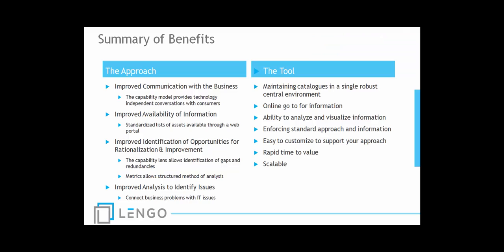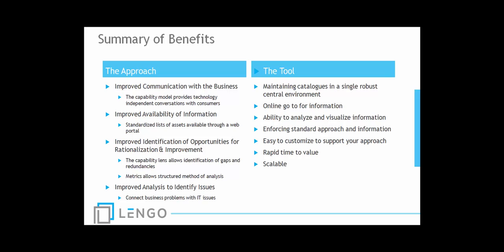So you've seen here that the business capability model approach provides a mechanism and a way by which we can have technology independent conversations with our consumers and our stakeholders. And the use of standardized lists of assets through a standardized web portal interface means that the information is available to everybody to use simultaneously. And the capability lens approach provides for the identification of gaps and redundancies.